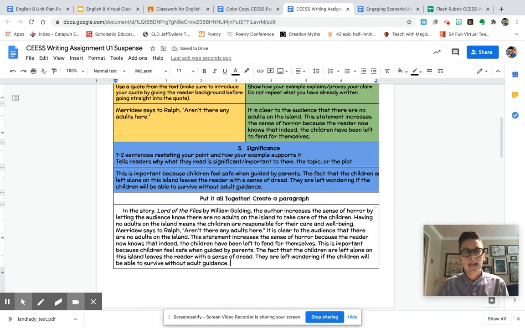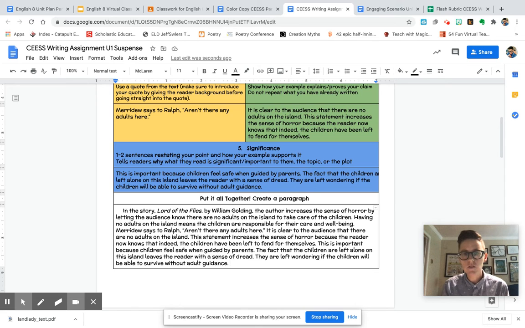So here we go. In the story, Lord of the Flies, by William Golding, the author increases the sense of horror by letting the audience know there are no adults on the island to take care of the children. Having no adults on the island means the children are responsible for their care and well-being. Mary Dew says to Ralph, "Aren't there any adults here?" It is clear to the audience that there are no adults on the island.